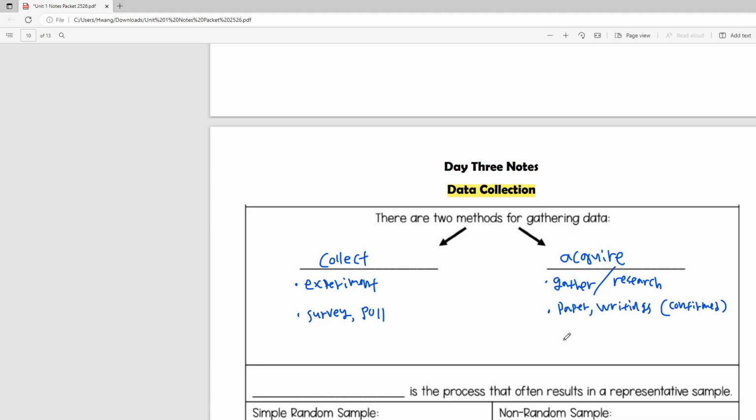This is a good example for acquiring data, and the key concept to know about acquiring data is that you are gathering data that already exists from somewhere.